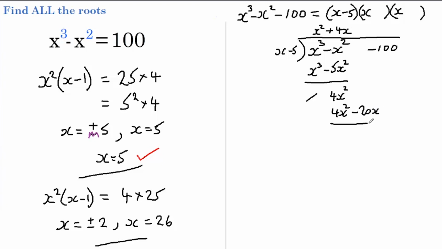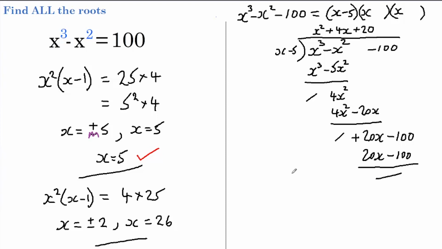And if we deduct this from the above, we get nothing here and a positive 20x. We can now bring down the negative 100. And if we now divide x into 20x, we get 20. So 20 times x is 20x. And 20 times negative 5 is negative 100, which gives us nothing, as we would expect.